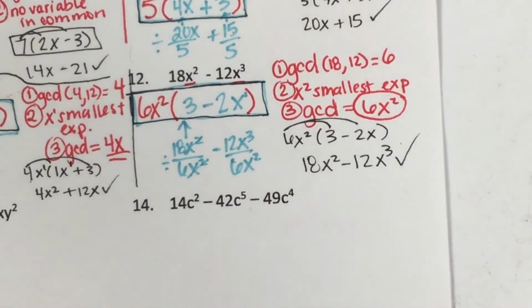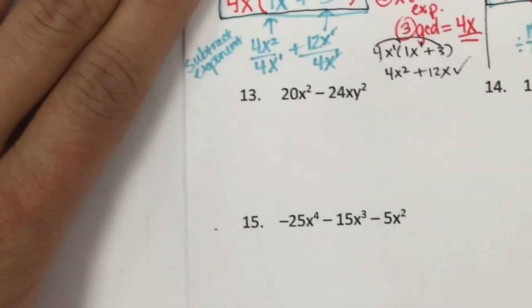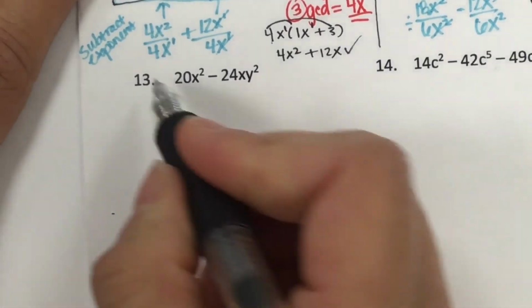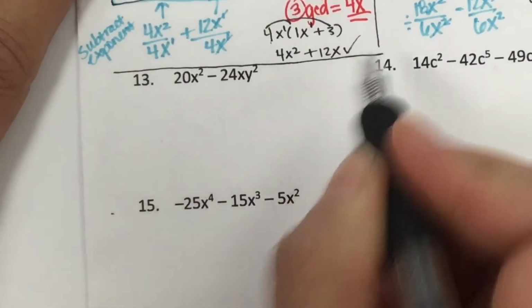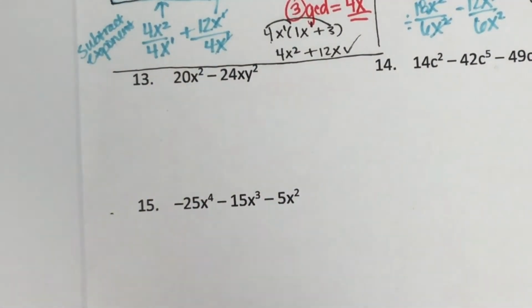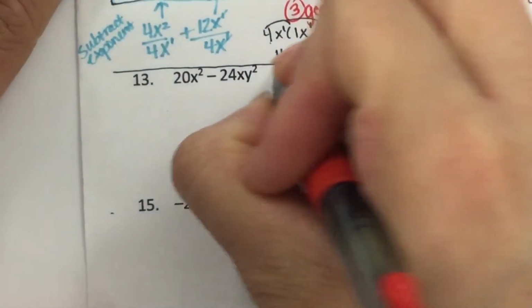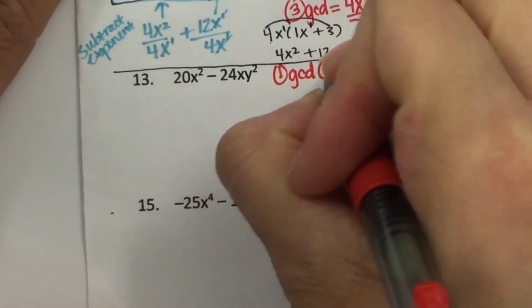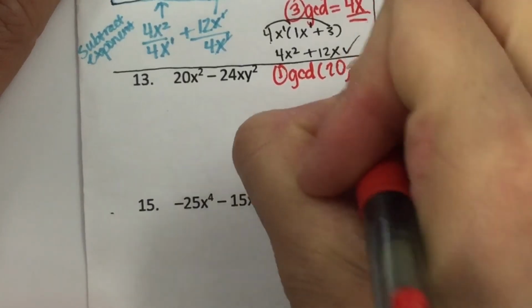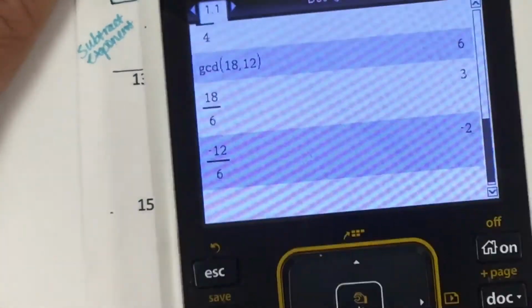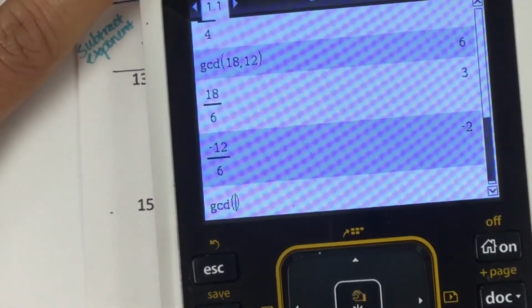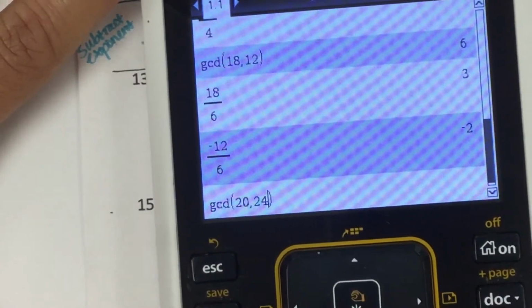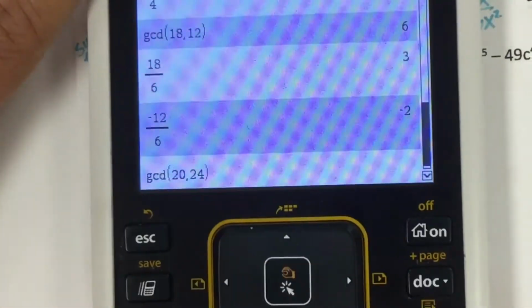Number 13. When you look at number 13, not all of them have the same variable, so you have to be careful. So on 13, the first thing you're going to do is find the GCD of your numbers, 20, 24. When you find the GCD of 20 and 24, it's 4.